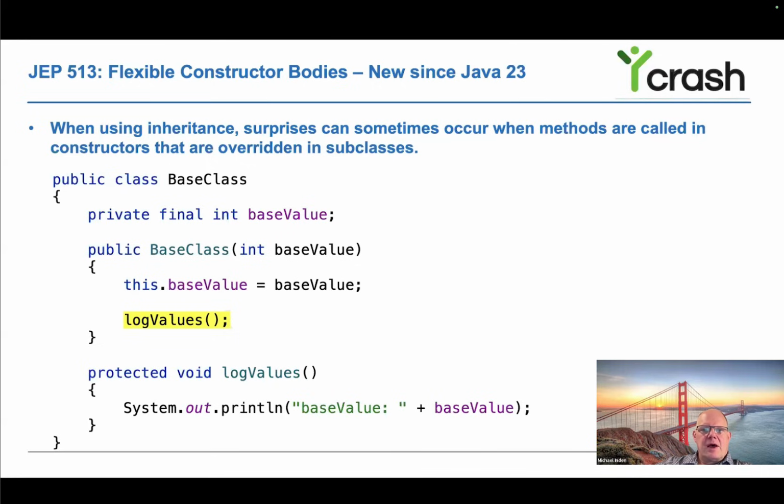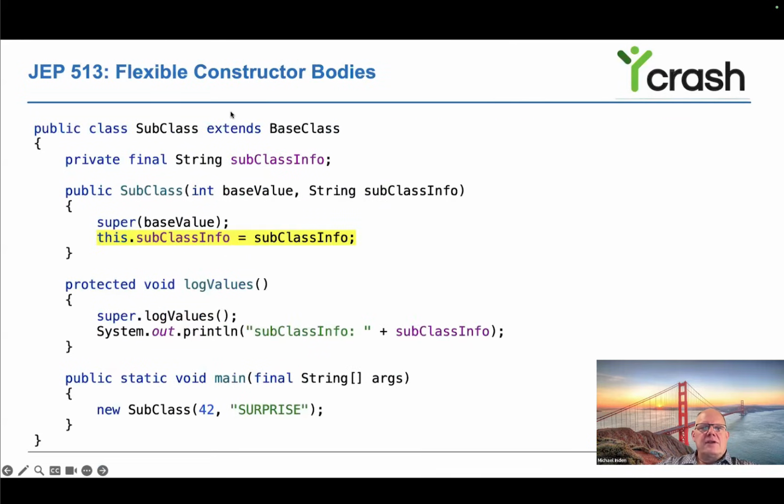Everything fine, but when we then create a subclass with this separate attribute, and we are calling our superconstructor and then initializing our subclass info, strange things happen. What we are doing, we are creating the subclass with 42 and surprise. What we expect log values to print out is 42 and surprise. But we got 42 and null.